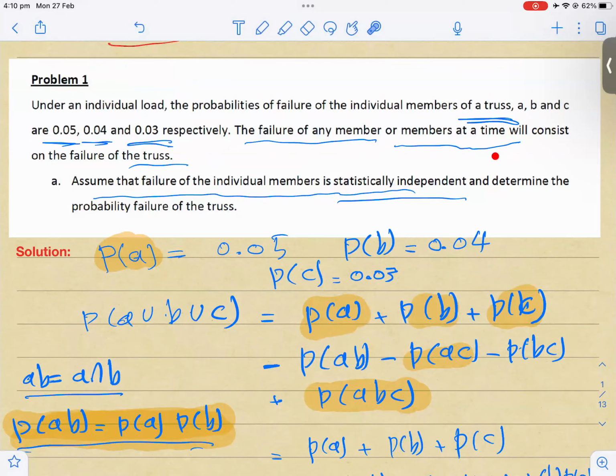The first question, you will see that it's about the inclusion and exclusion principle, or the addition rule, which you have studied in the second lecture. So it will be about this. This figure is called a Venn diagram.